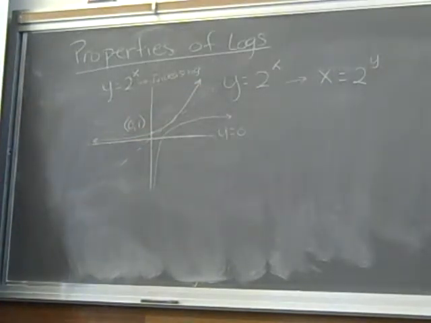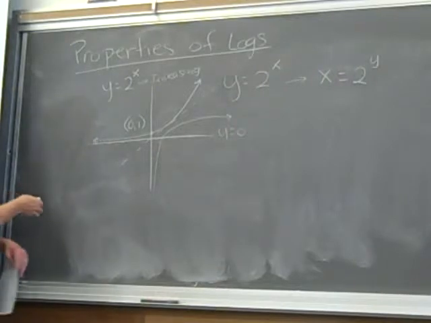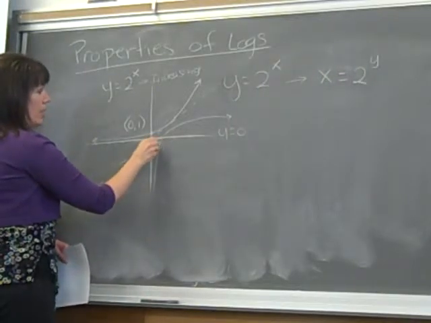So maybe logarithms are inverses of exponents? Yeah. They are. Now remember, an inverse is simply switching the domain and range. I've stated that a couple of times. So now that we have established that the logarithm is an inverse of an exponent, are you all okay with that idea?